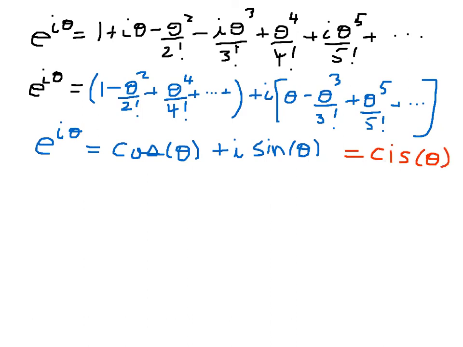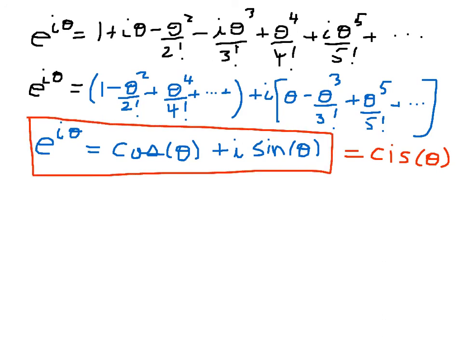So this is a very, very important result, and that is what is known as Euler's formula. And now for this really mind-boggling result, let's see what happens if we let theta equal pi.